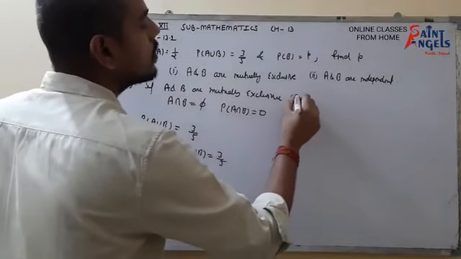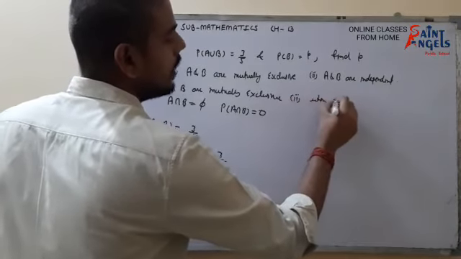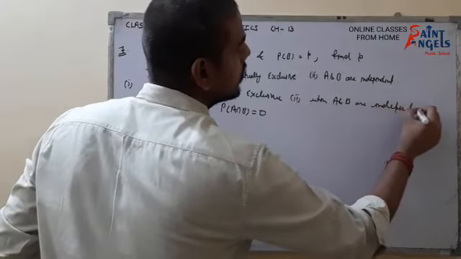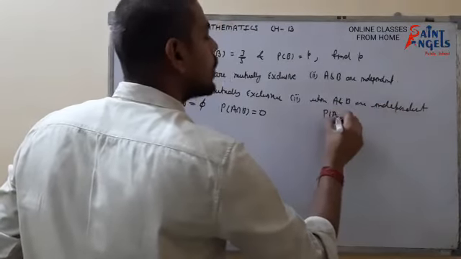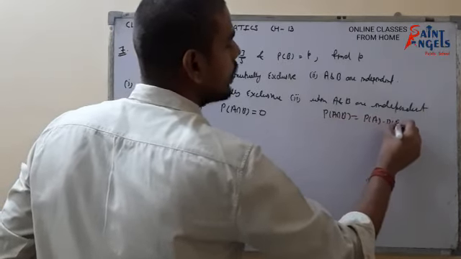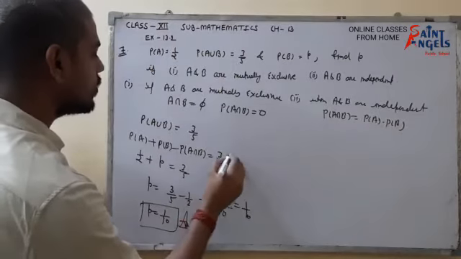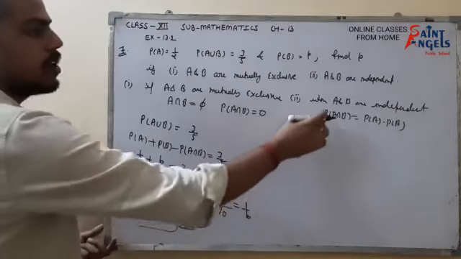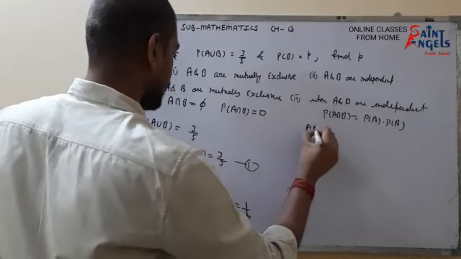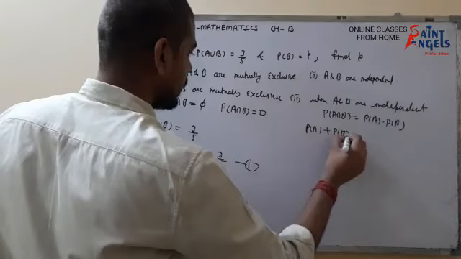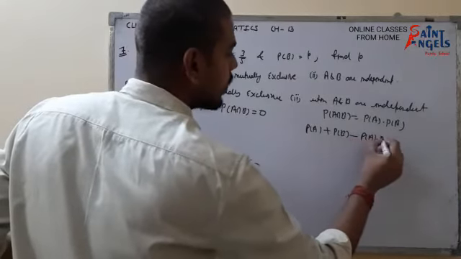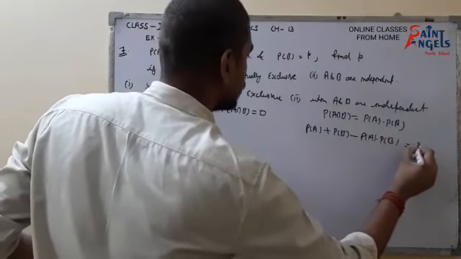Now for the second part, when A and B are independent, the probability of A intersection B would be P(A) dot P(B). Suppose this is equation number first. Now put the value of P(A intersection B) in the formula: P(A) plus P(B) minus P(A) dot P(B) equals 3 by 5.